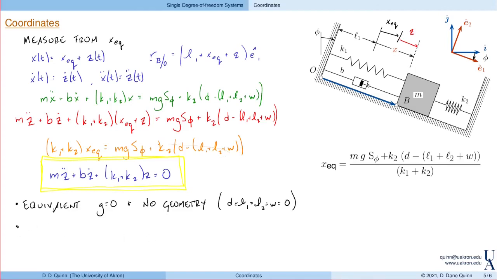Really, these constant terms specify the equilibrium position or the static position, but do not influence the dynamics.